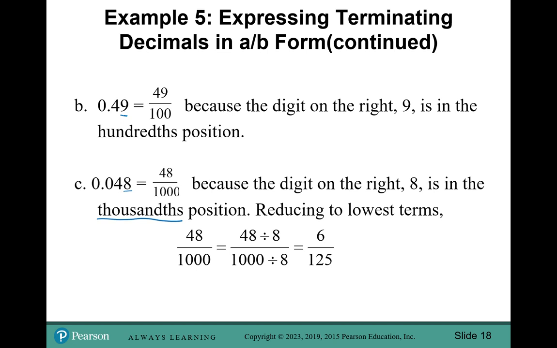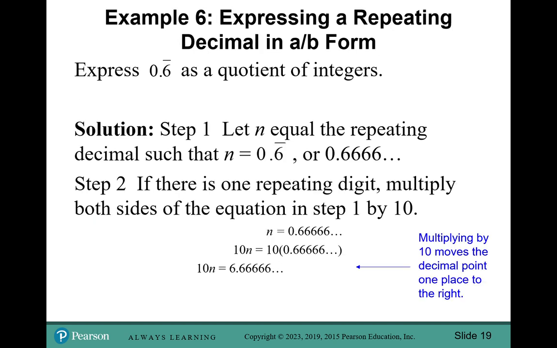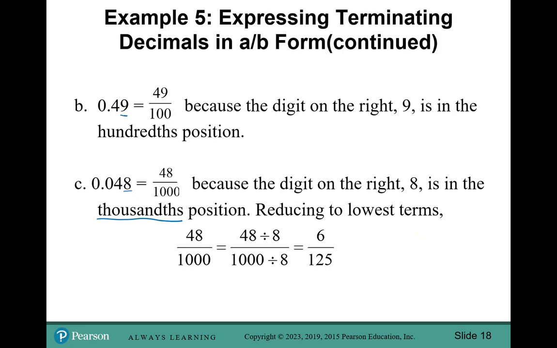And if it can be reduced, we do need to lower it to its lowest terms. The greatest common divisor or greatest common factor of 48 and 1,000 is 8. So if I divide 48 and 1,000 by 8, it reduces to lowest terms of 6 over 125. Be sure to reduce to lowest terms.